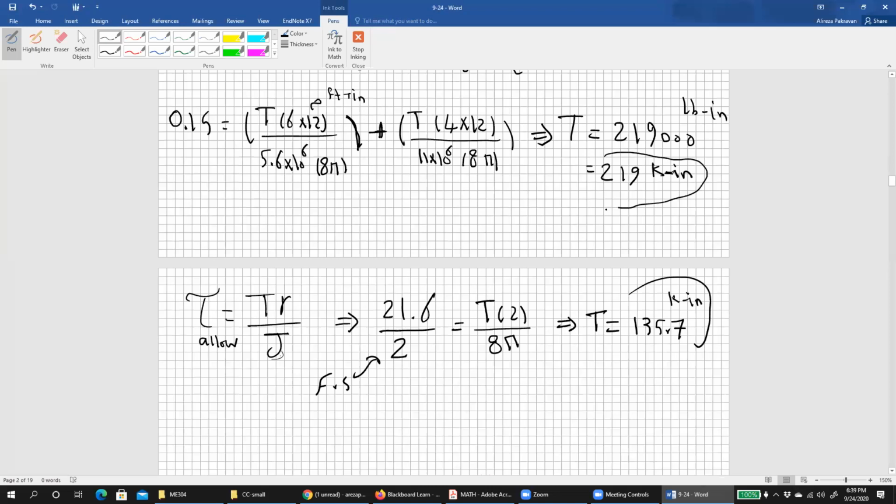And now again, compare these two. Which one would be the answer? The smaller one? Minimum.